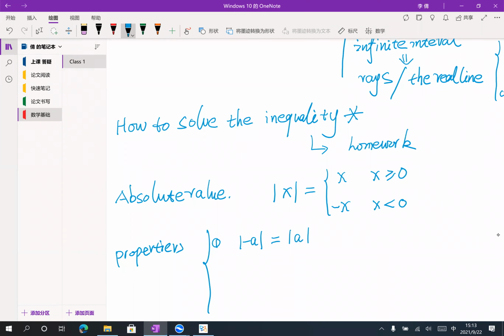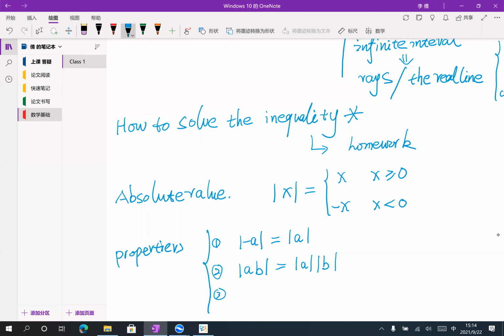And then the second property is the absolute value of AB is equal to the absolute value of A multiplied by the absolute value of B, right?